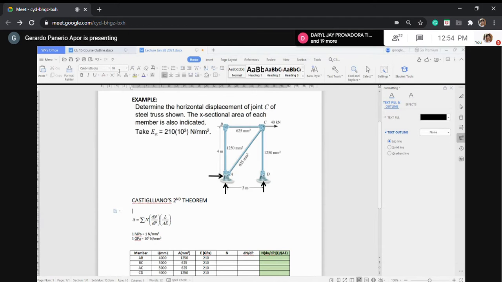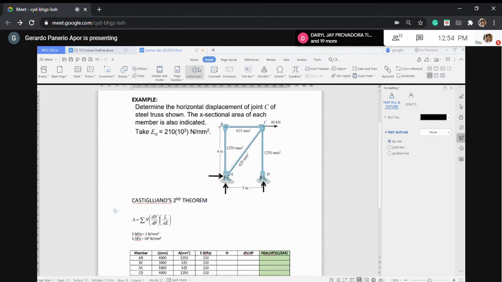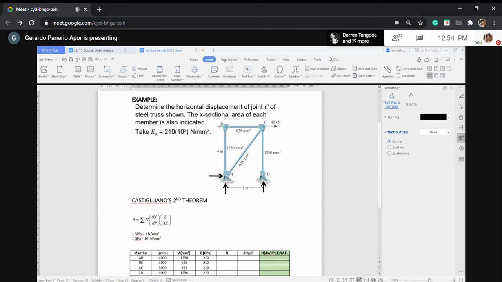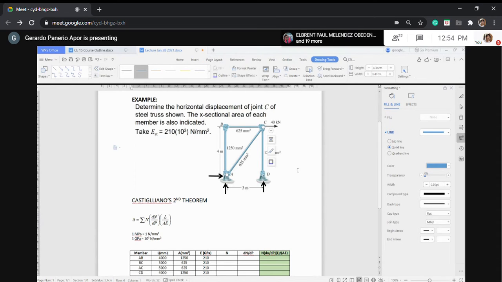Okay. Insert shape. We will use this for the line BC. I change the color into red. Then this is the line.